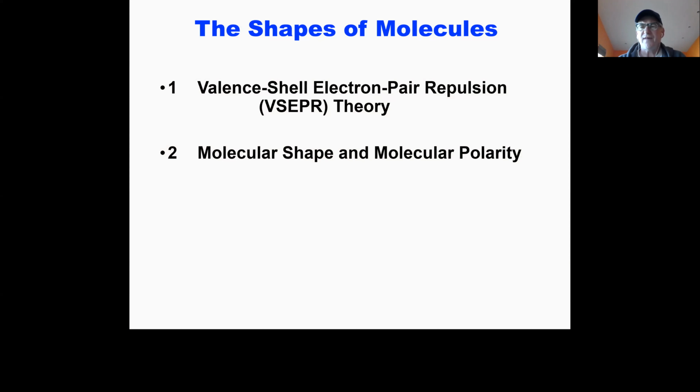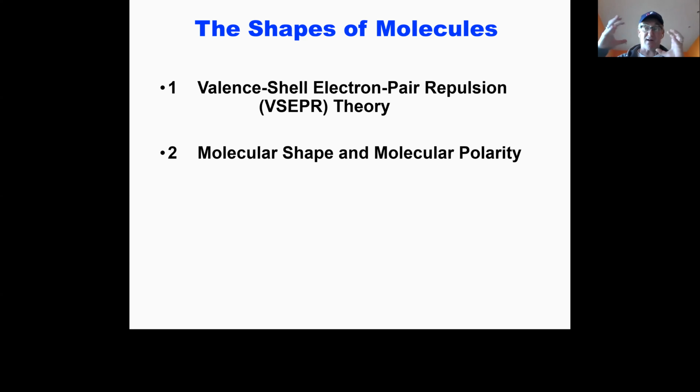And really all we need to know about VSEPR is that electrons are negatively charged and don't like to be around each other. So when we're putting the shape of a molecule together, basically all we're talking about is that the atoms in that molecule will try to situate themselves as far away from each other as they possibly can, because atoms are surrounded by negatively charged electrons.